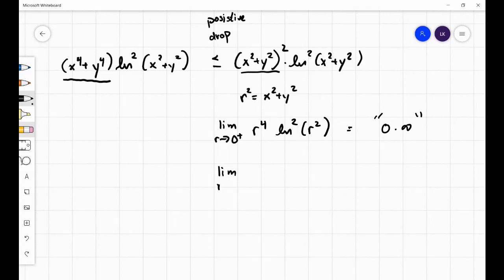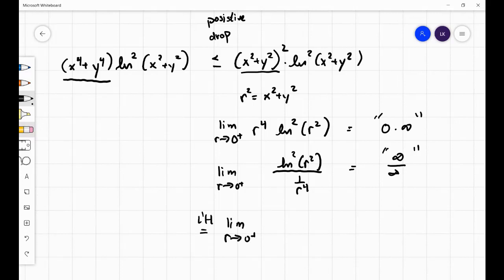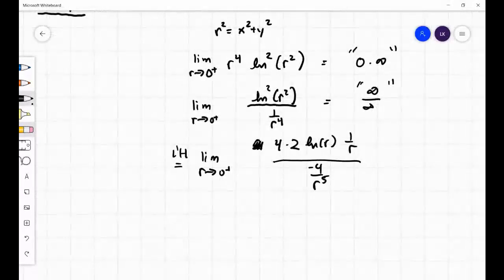So we attempt to re-express this in a way so that we get a L'Hopital friendly indeterminate form. And we get infinity over infinity, which is now L'Hopital friendly, and you apply L'Hopital's rule. Let me take the 4 out first, and then 2 times log r, 1 over r.